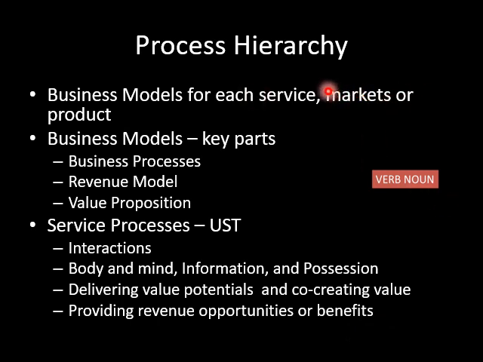So you've got this business model layer at an organizational strategic level, at a product level, and then business models would also operate at a service level, and typically they would have these components: revenue model, business processes, and value proposition, as well as the other components, but those are the key ones we're interested in. And then there are service processes which manage interactions between entities or between customer and provider. And all processes have a verb and a noun.